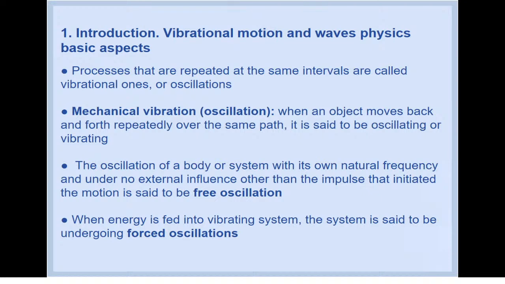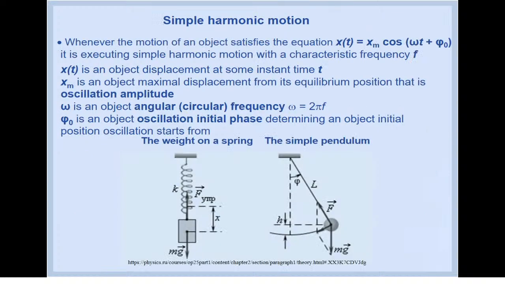oscillating or vibrating. The oscillation of a body or system with its own natural frequency, and under no external influence other than the impulse that initiated the motion, is said to be free oscillation. When energy is fed into a vibrating system, this system is said to be undergoing forced oscillations.